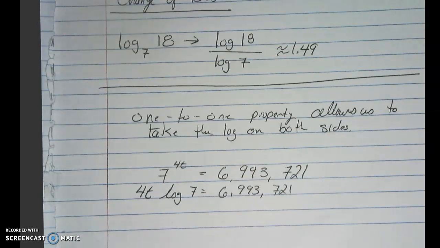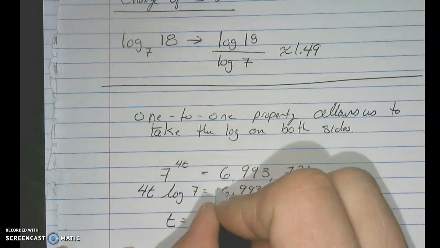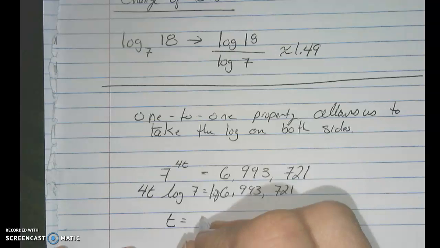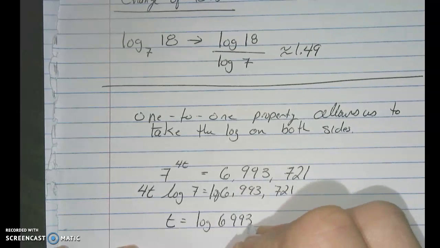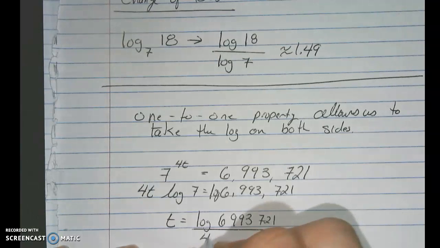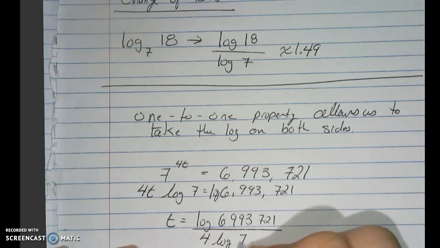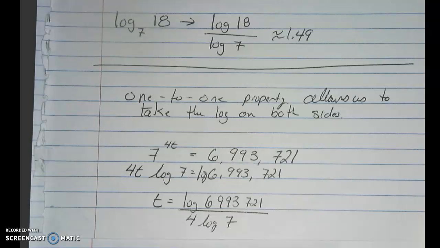And then I divide, like we did before. Oops, that should be log. So we'd have the log of 6,993,721 divided by 4 log of 7. I wonder what that's going to give me.